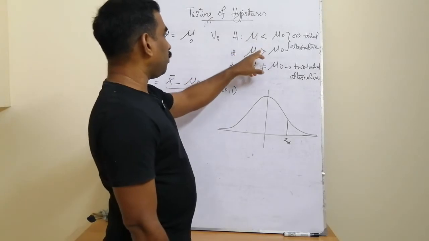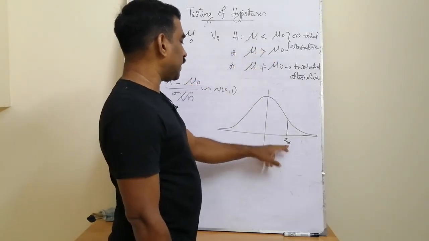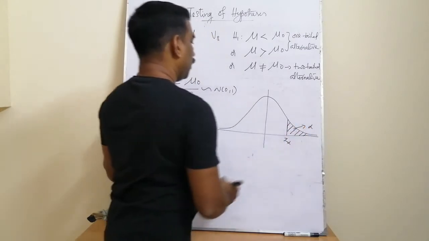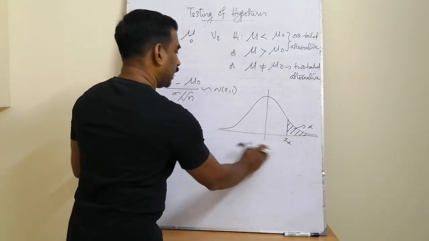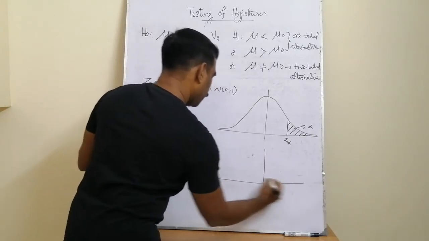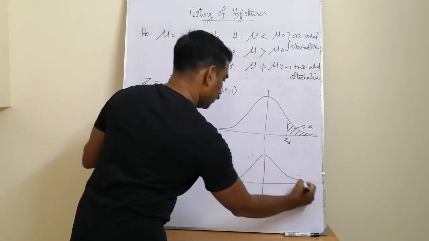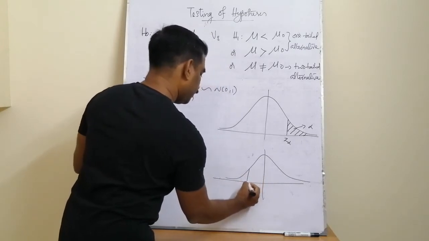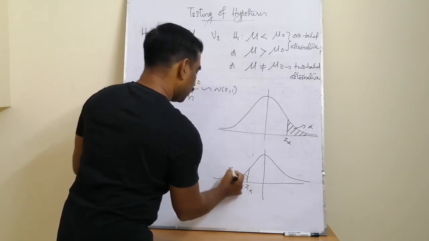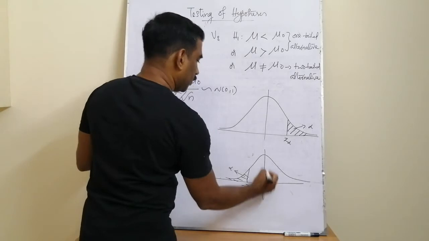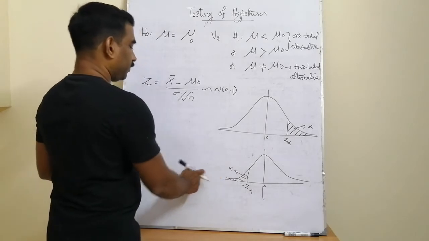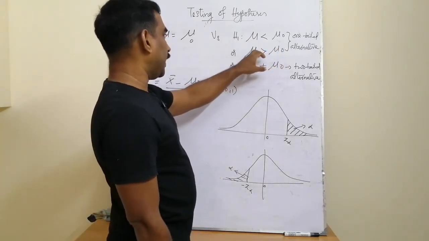This is called the test statistic, and we know that this random variable follows the standard normal distribution N(0,1). For the one-tailed hypothesis mu greater than mu naught, suppose we are fixing one value, say z alpha, with this tail probability as alpha, or the corresponding tail probability may be to the left hand side. This is also alpha, z is equal to 0, and here also z equal to 0. So these are the two different cases for one-tailed alternative cases.